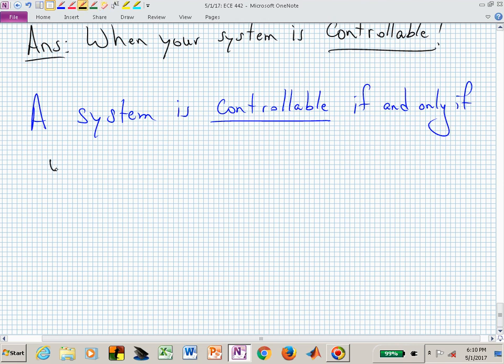Let me try to make a script C. If I would slow down, it would be easier, but I stopped halfway through. But that's supposed to be a script C, and that's now made up of combinations of the input matrix gamma and the open loop system matrix phi.